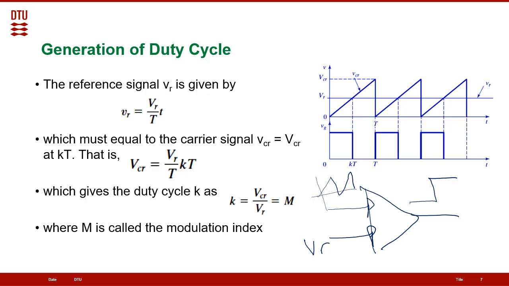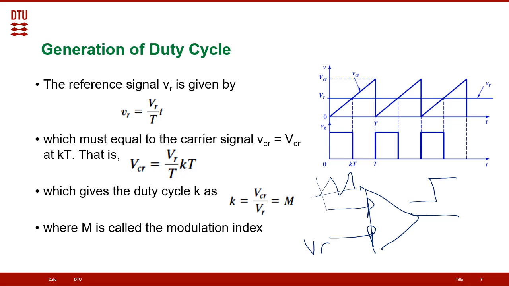Say, for example, if VR is higher than VCR, then the switch will be on. And in this region, VCR is higher than VR, so the output will be 0.